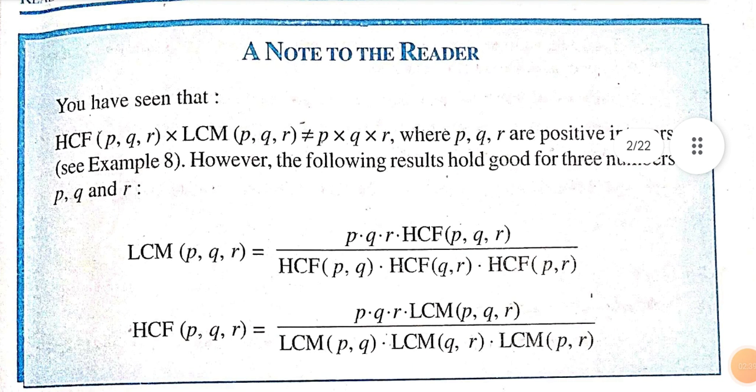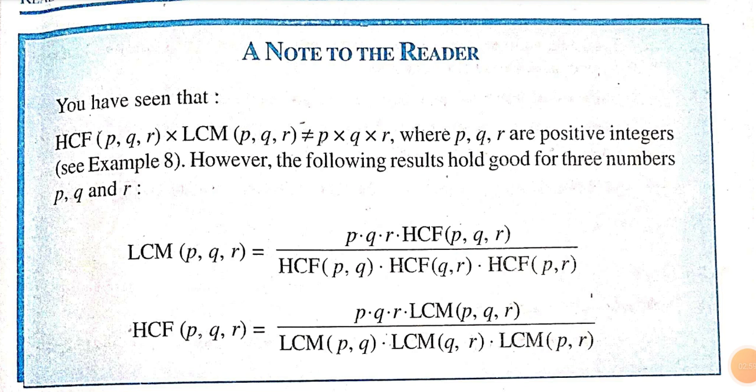A note to the reader. You have seen that HCF(p, q, r) multiplied by LCM(p, q, r) is not equal to p multiplied by q multiplied by r, where p, q, r are positive integers. See example 8. However, the following results hold good for three numbers p, q and r.